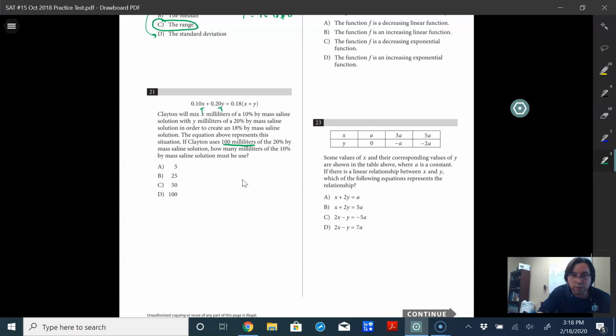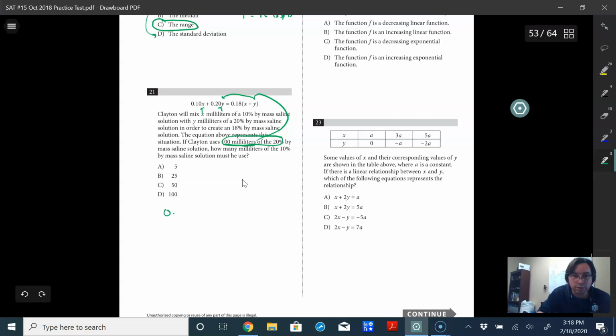So we have this formula, and this is making reference here to the y value. The 100 milliliters is making reference to the y here and to the y there. And so we can insert those and see what we have to get.